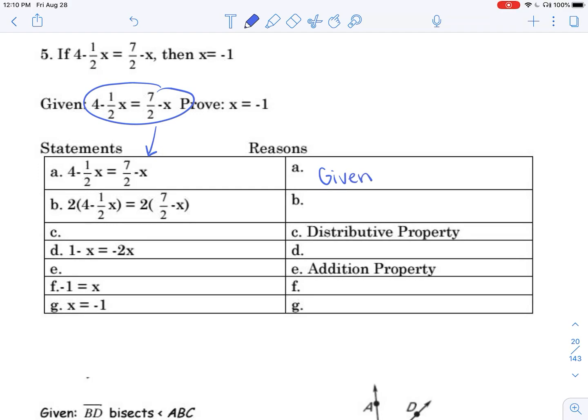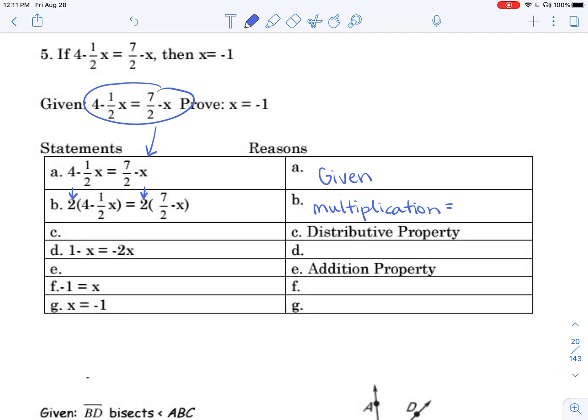So again, the worker here is wanting us to get rid of our fractions. So you'll notice that we're multiplying by 2 on both sides. So this is our multiplication. And you can put the equal sign after it just to get in the habit, but it's not going to be counted wrong if you don't.